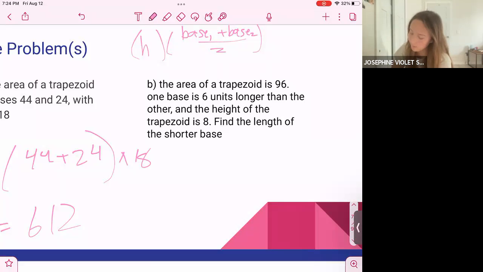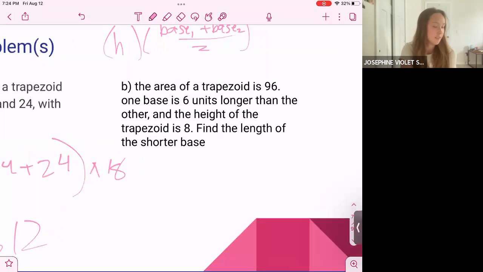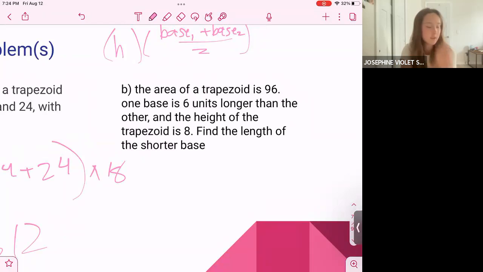I got B equals 9. So I could have made an arithmetic error. Should we go through it and see where the discrepancy was? Because it's probably simple math.